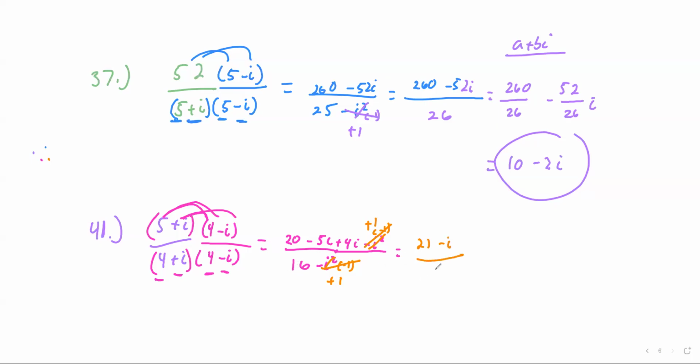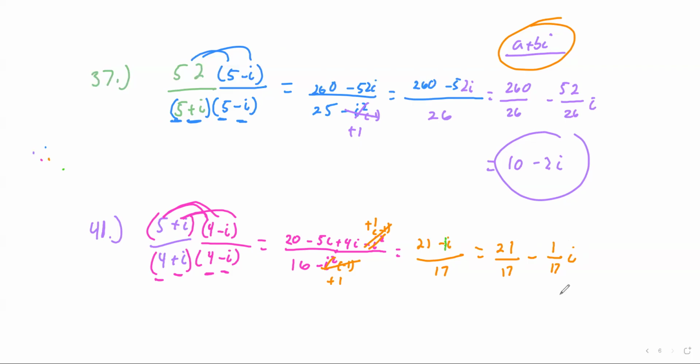And then 16 plus 1 is 17. And again, I want you to rewrite this in a plus bi format. So this is 21 over 17 minus 1 over 17i. There's always an imaginary 1 right there. So I can make it 1 over 17.